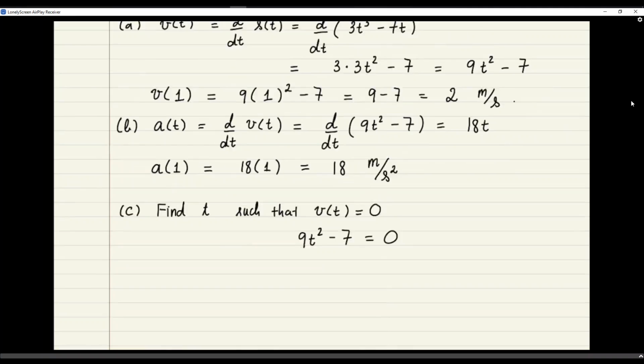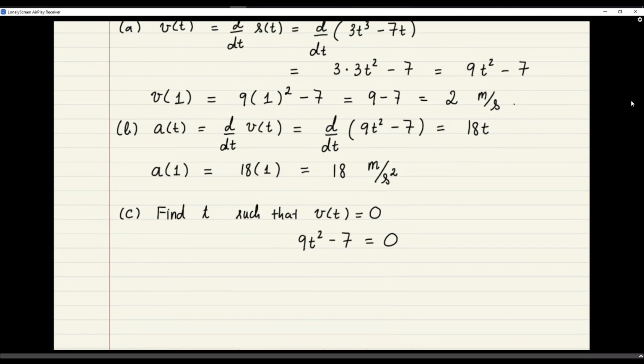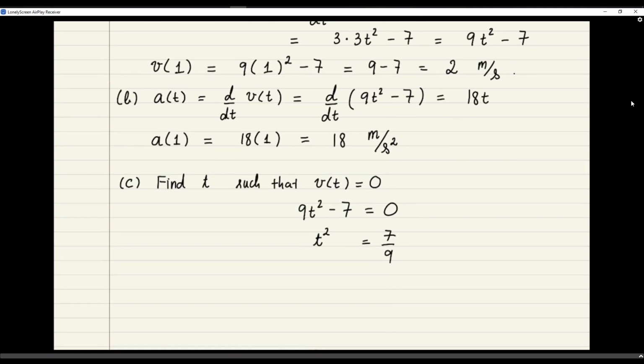And now we have to solve for t. So add 7 to both sides and divide both sides by 9. We get that t² is equal to 7 over 9. Now we have to take the square root on both sides of the equation. So we get that t is equal to square root of 7 over 3, or it could also be negative square root of 7 over 3.